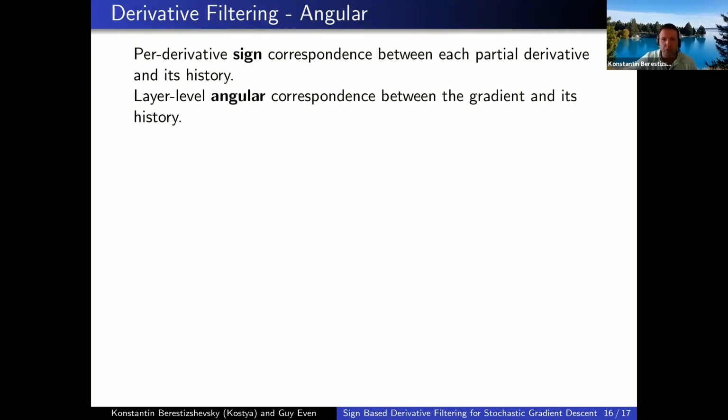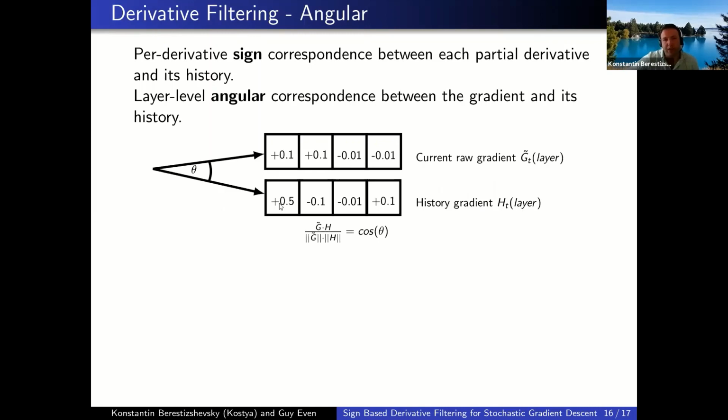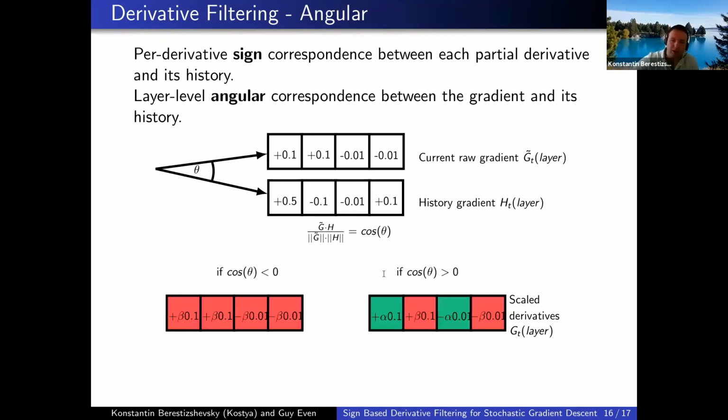It's worth mentioning that we also considered an interesting approach. We considered many approaches, but one worth mentioning we call the angular approach, where instead of just comparing element-wise only the signs of the derivatives, we also looked at the angle between the current gradient and the history gradient, and according to this angle we made decisions regarding the amplification of the derivatives. For example, if there is more than 90 degrees difference between those gradients, we would apply only beta factors for all the derivatives.